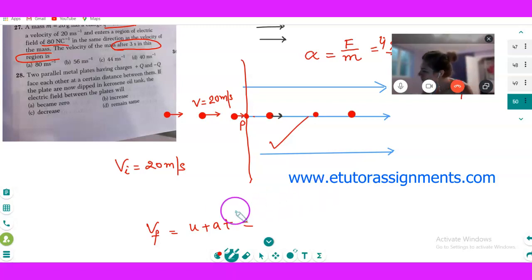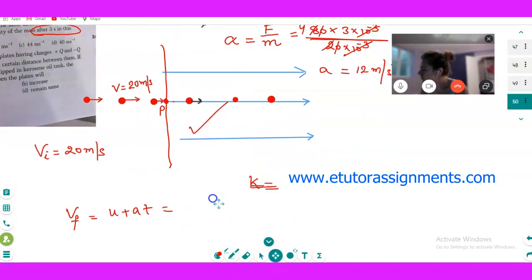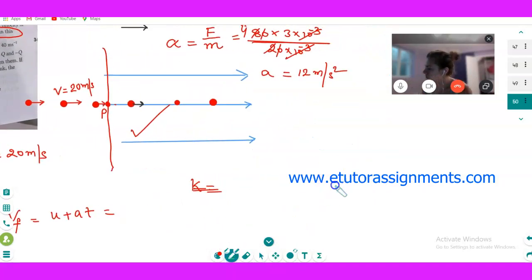Because the electric field is equal to, what is the electric field formula? Please tell me. Electric field is K Q by R square. K is what? I told you, 1 by 4 pi epsilon 0.